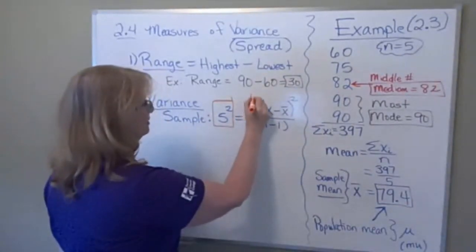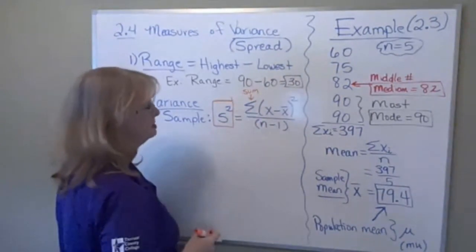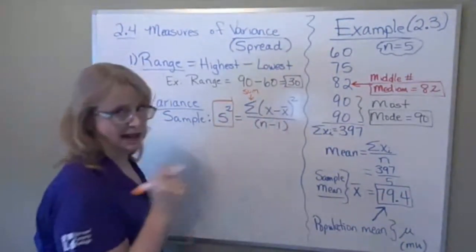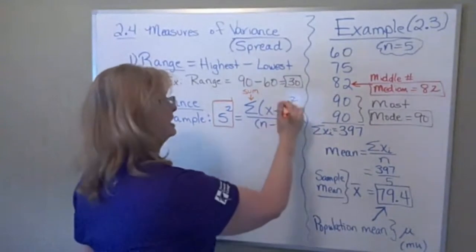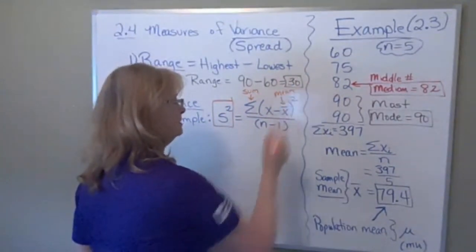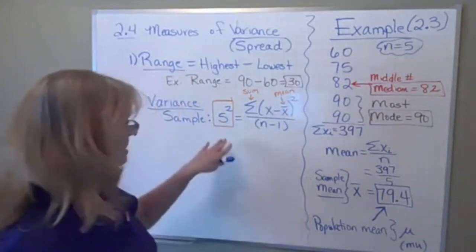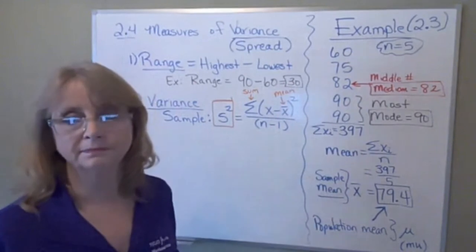We still have the capital sigma, which means to do the sum. The x is the data values, minus x bar, the mean of the sample, and then n minus 1. Now we're going to do this for this example.